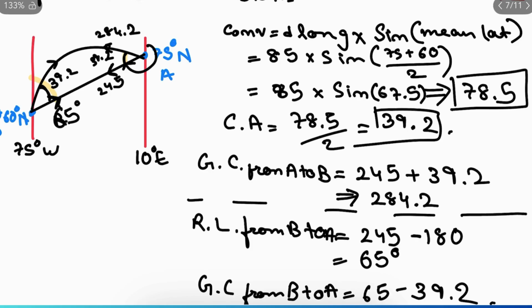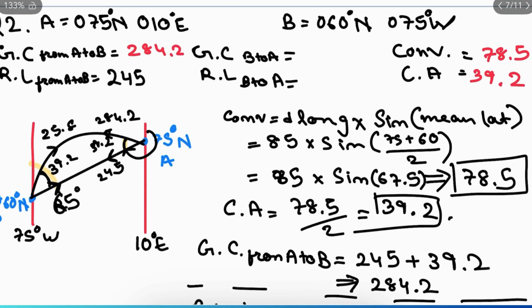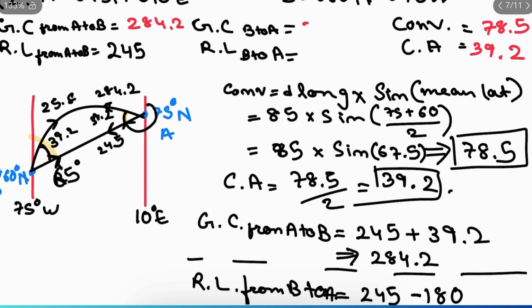So this great circle is 25.8 and the rhumb line from B to A is 65 degrees. These are all degrees.